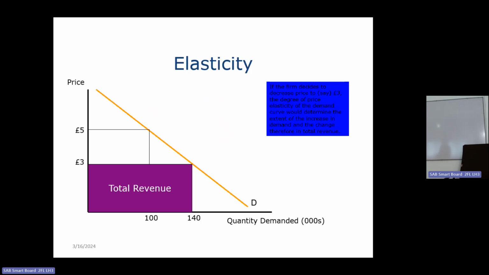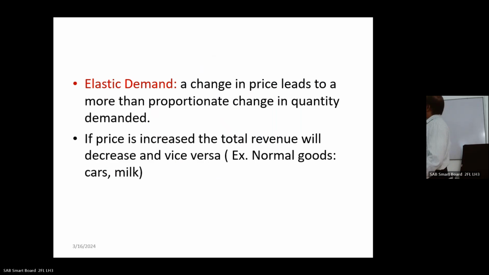If there is elastic demand, how is the total revenue going to change? Normally with elastic demand we have a flatter demand curve. That means there will be a significant change in demand, since there is a high sensitivity between the price and the quantity.